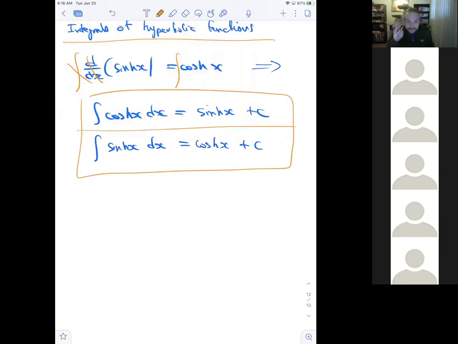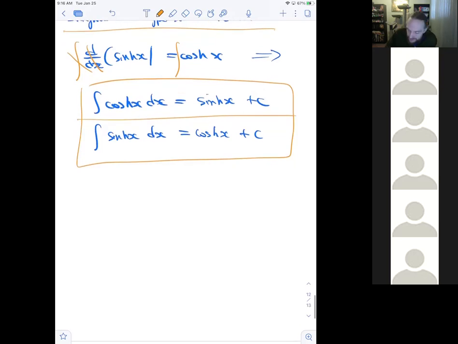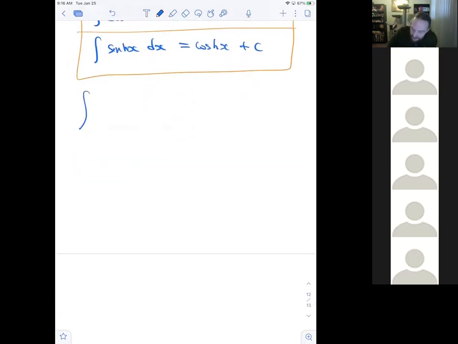So by knowing the derivative of sinh and cosh, we know the integrals of sinh and cosh as well, because they turn into each other. For tanh, we can use the substitution rule again. This is the integral of sinh x over cosh x dx.